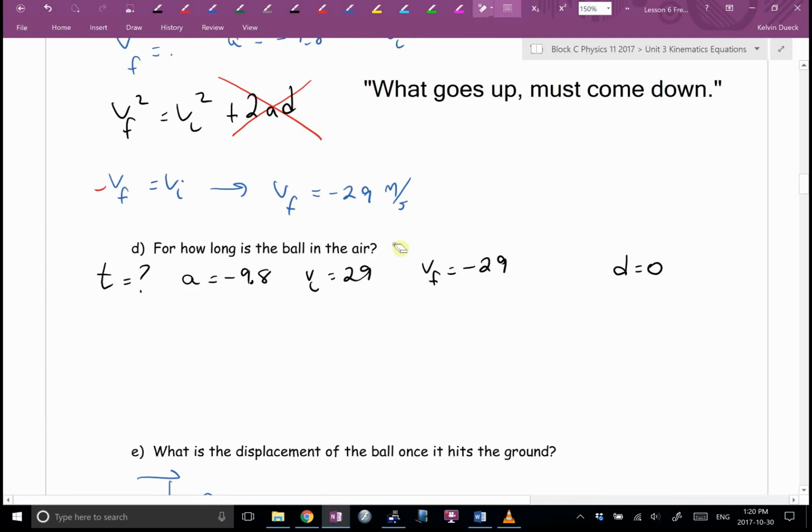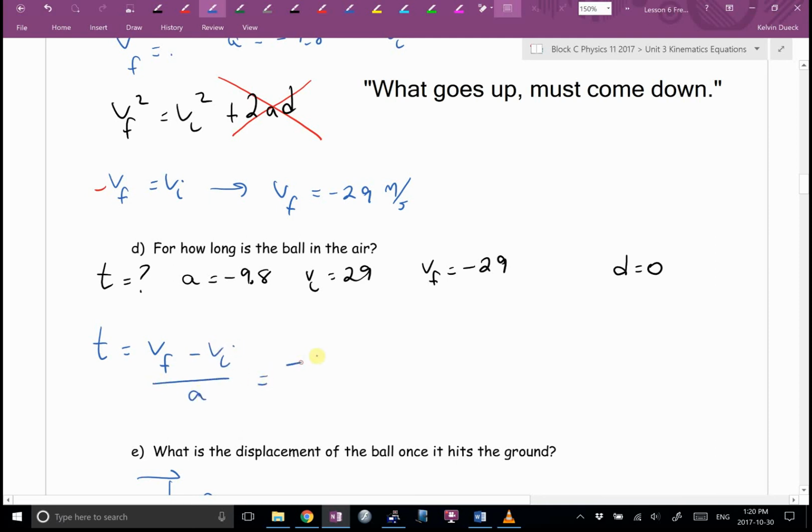So, folks, what's an equation that has an A, a VI, a VF, and a T in it? There is one. Can you get the VF equals VI plus AT? Can you get the T by itself for me, Rihanna? Yeah. T equals VF minus VI. Good.